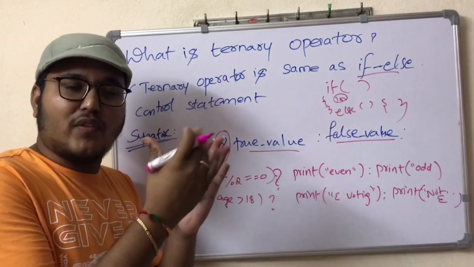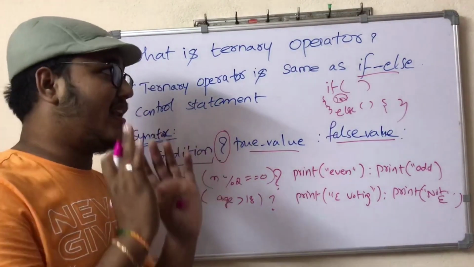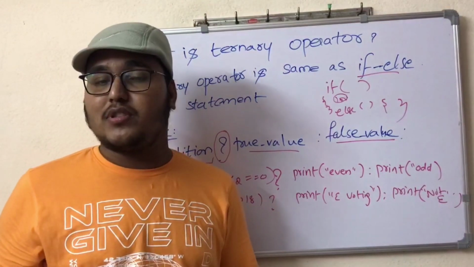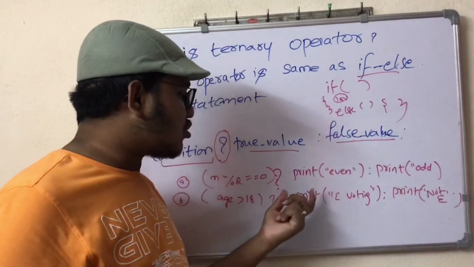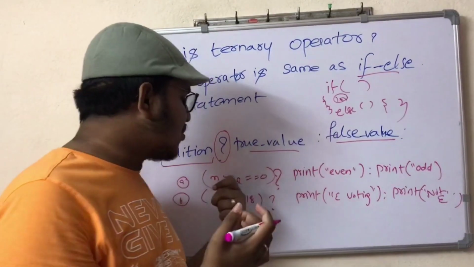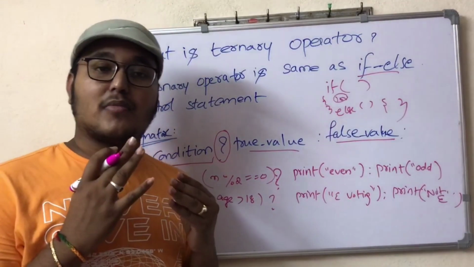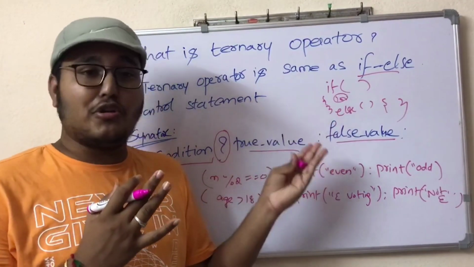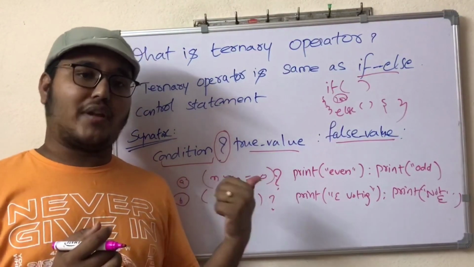If there are two numbers and we want to find which number is bigger, then we can use this ternary operator. This ternary operator is handy to use, but it cannot replace if-else. If there are one or two statements, we can use this ternary operator. However, if-else is good to use, whereas this ternary operator is a shorthand notation.